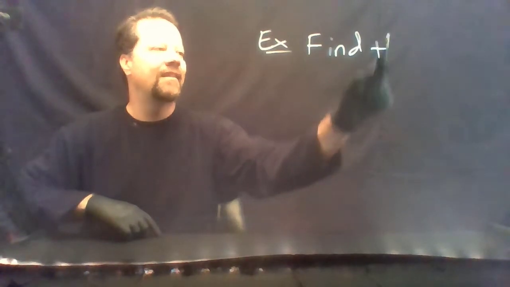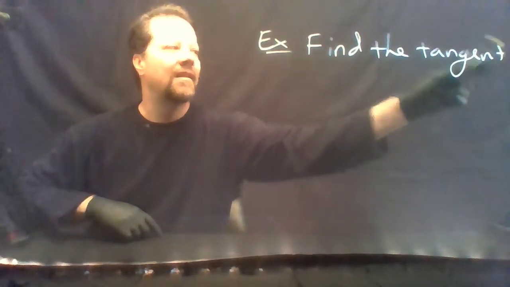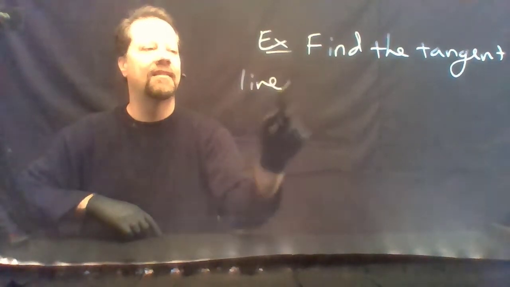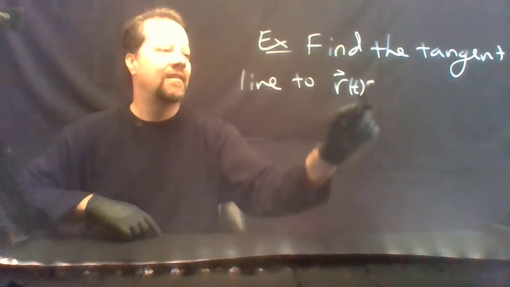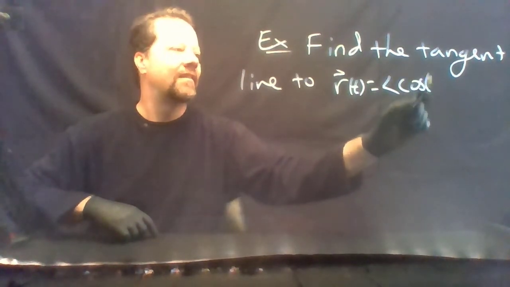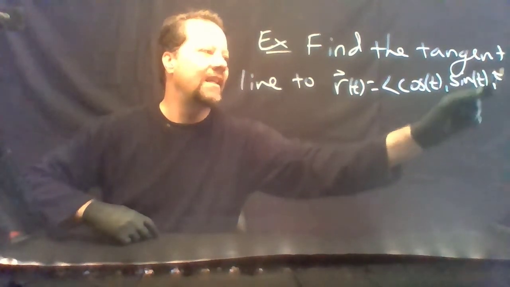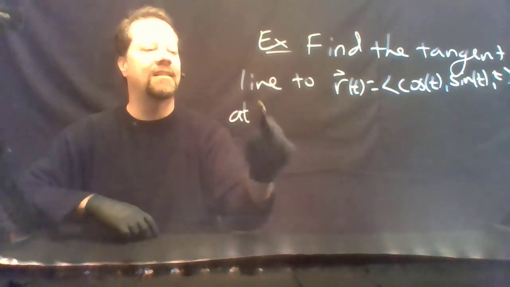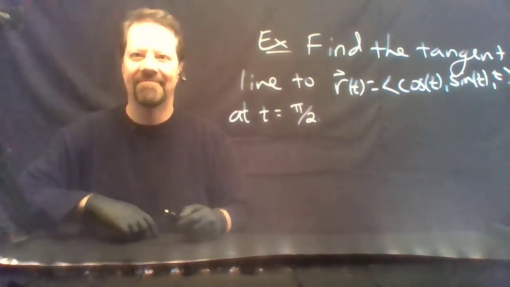Let's find the tangent line to the vector valued function, let's say cosine of t, sine of t, t at t equals, let's say, pi over 2.